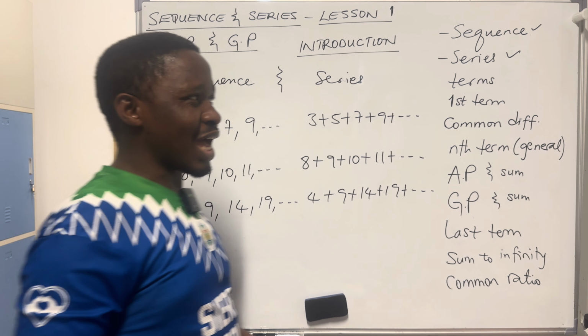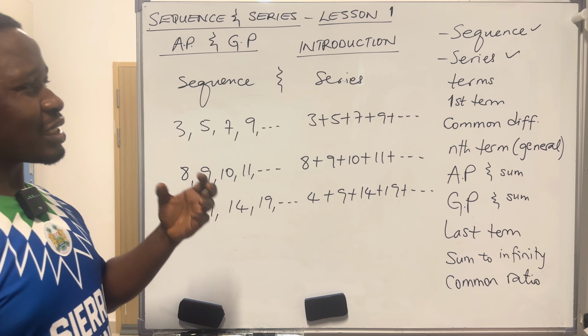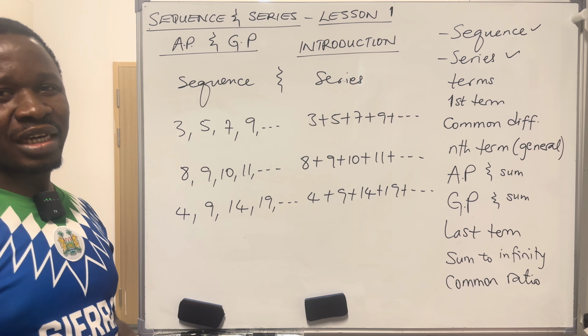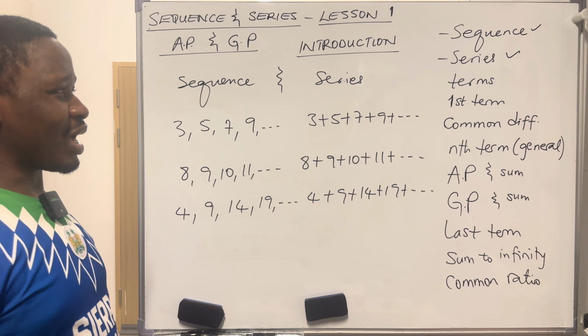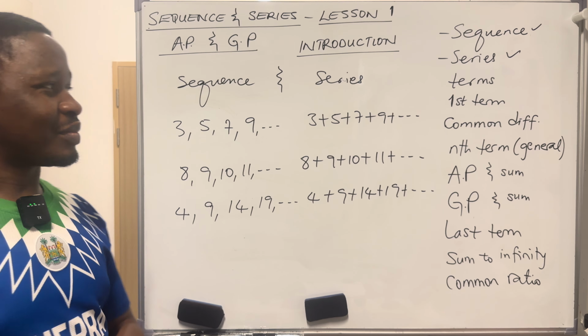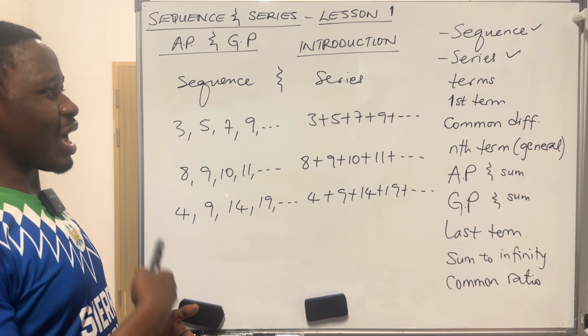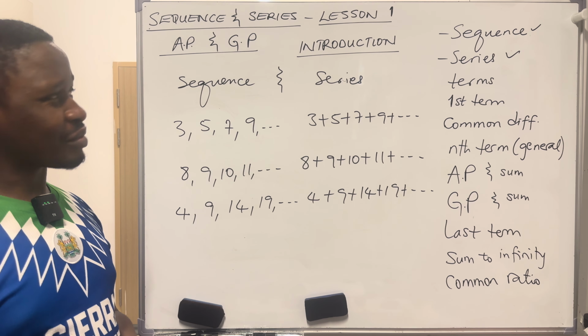Let's come to terms. What do we understand by terms? The word term could be defined in a specific topic. Maybe in English they have what we call term. In mathematics, we have term in different cases.